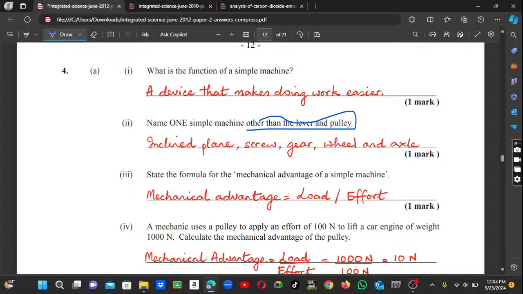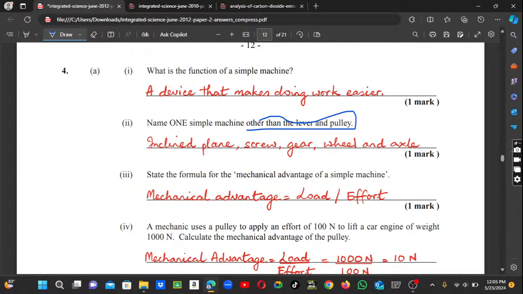Moving forward now, guys, a mechanic uses a pulley to apply an effort of 100 N to lift a car engine of weight 1000 N, and we calculate the mechanical advantage of the pulley.